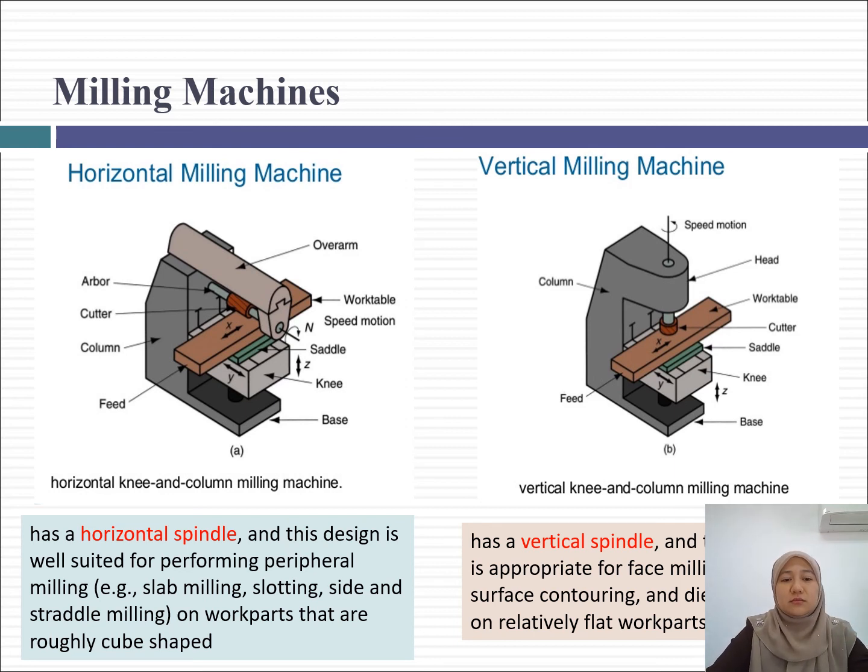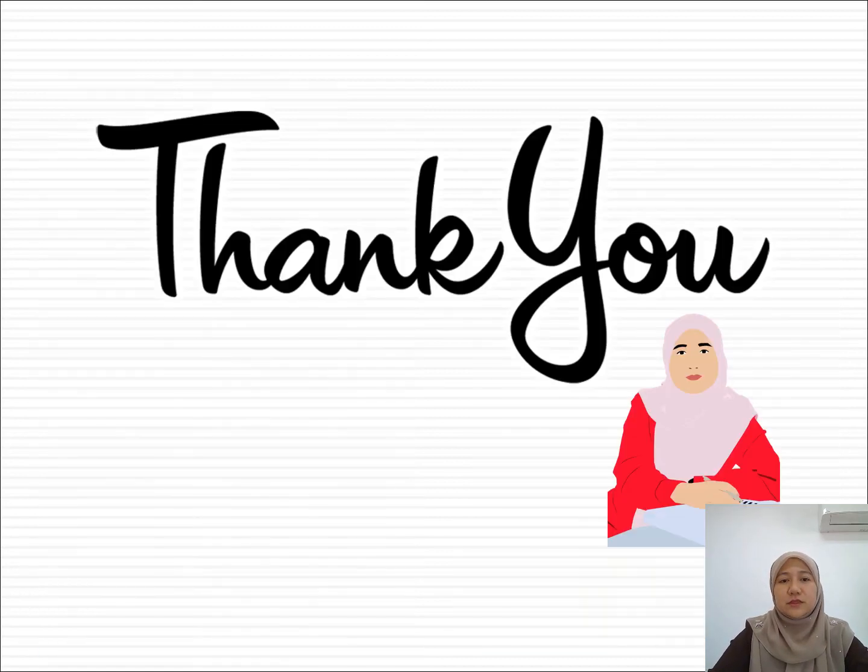In face milling operation, it has a vertical spindle, so it is more suitable for face milling and all other milling operations that fall under face milling. It can make contouring, end milling, slotting with end milling, pocket milling with end milling cutter, and whatnot.